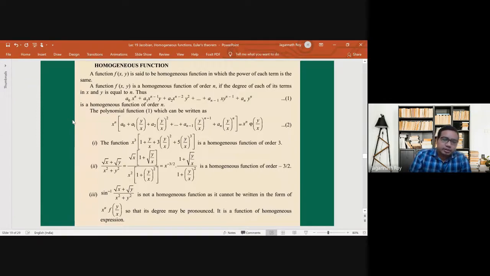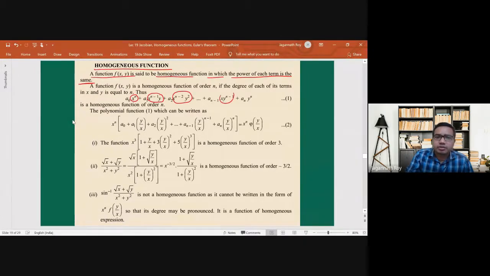Okay. So now, one more important topic is called the homogeneous function. A function is said to be a homogeneous function in which the power of each term is actually the same. So it is actually looking like a polynomial. Here the power is n, the joint power of x and y is n, here also it is n.